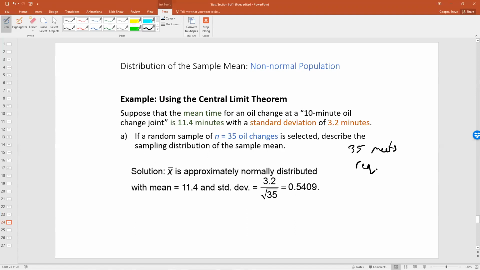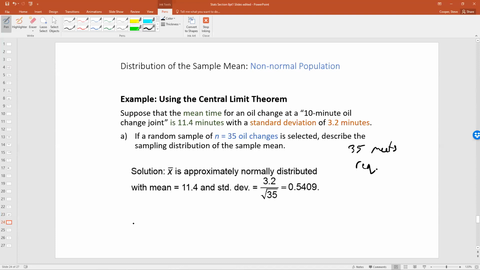So they didn't even tell us whether oil change time itself is a normal distribution. All they told us was that the mean is 11.4 minutes and the standard deviation is 3.2. But since n was greater than 30, we're okay.